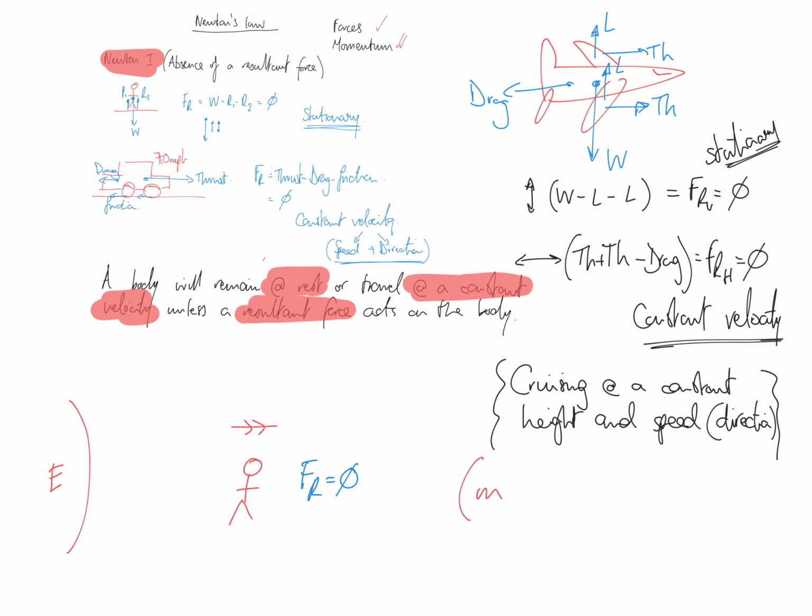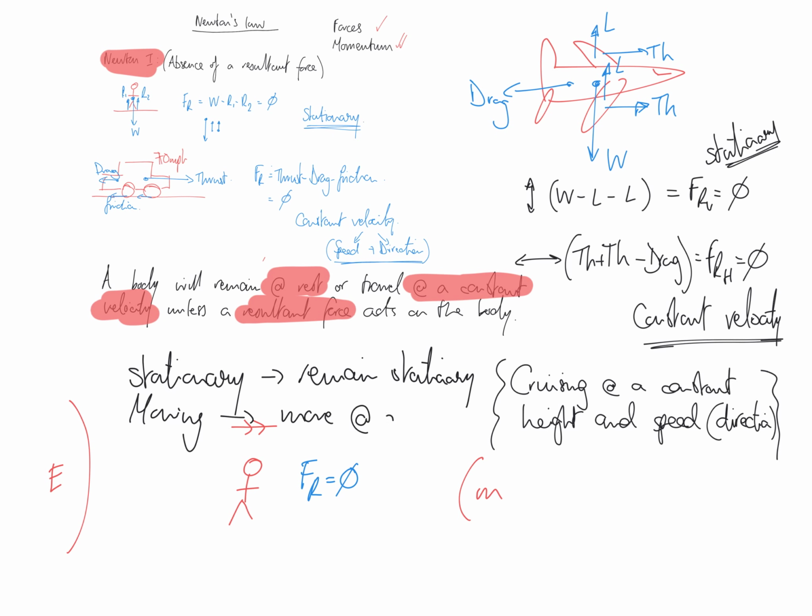And the point I want to make is that if you were stationary originally between those 2 planets, then you remain stationary. Whereas if you're moving, then you move at a constant velocity.